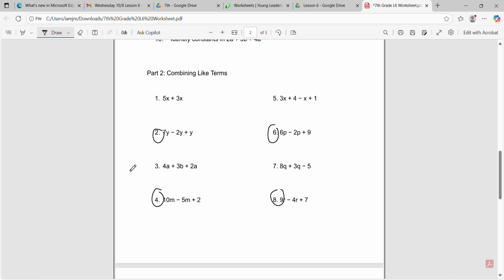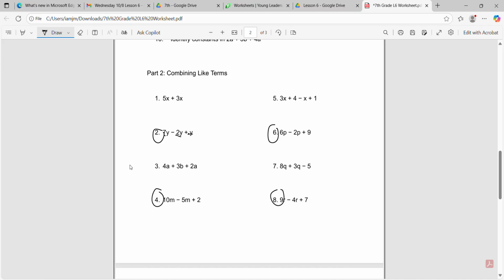Combining like terms. We got a little taste of combining like terms from the 2 questions before, from number 9 and 5. Now we're moving on to actually focusing on the concept of combining like terms. Number 2, 7y minus 2y plus y.